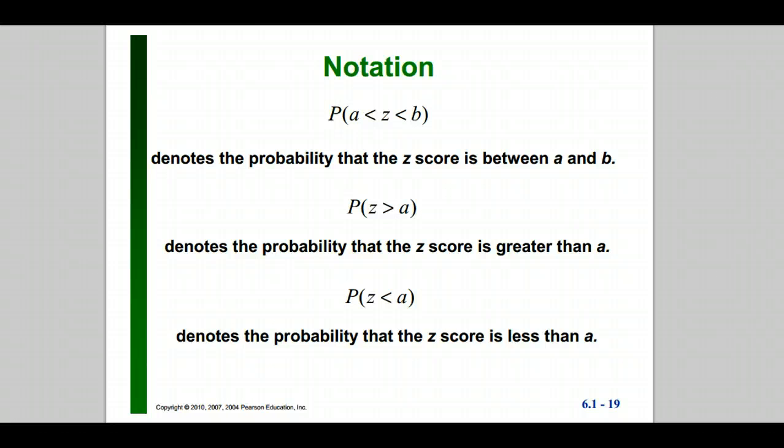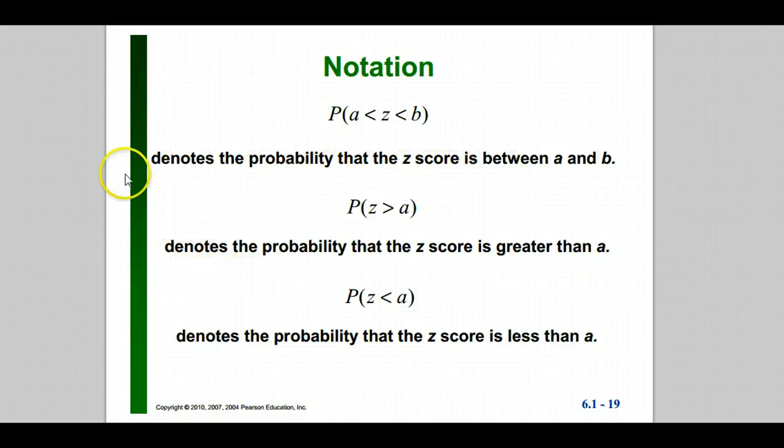Alright, and then notational stuff. Probability A less than or equal to Z less than B. Sorry, I said less than or equal. Actually, it does not matter if these are underlined or not, it's still the same thing, because the probability of exactly one value in a continuous data set is 0.